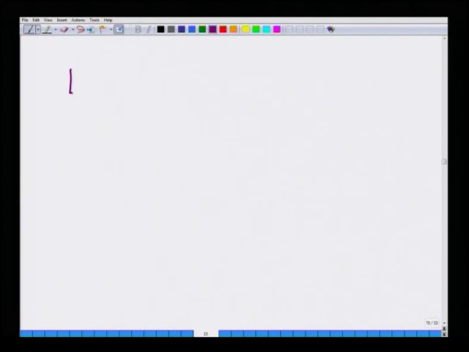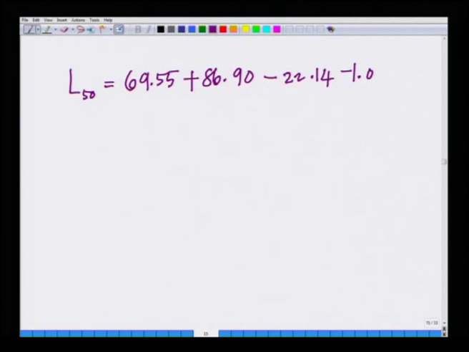Hence, the net 50th percentile path loss is 69.55 plus 86.90 minus 22.14 minus 1.04 plus 31.07, which is essentially 164.34 dB.